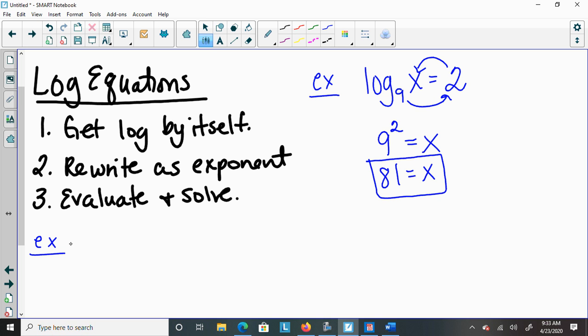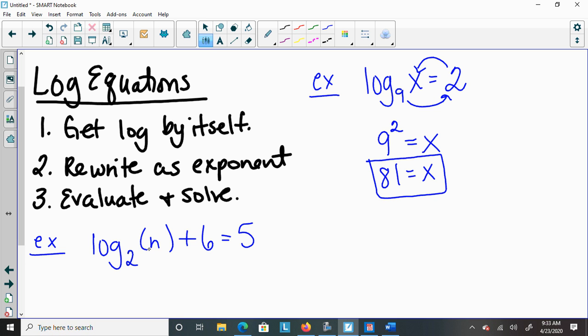All right, so here's our next example. Let's say that we've got log base 2 of n plus 6 is equal to 5. This is one from your homework assignment, so make sure you get this one down.